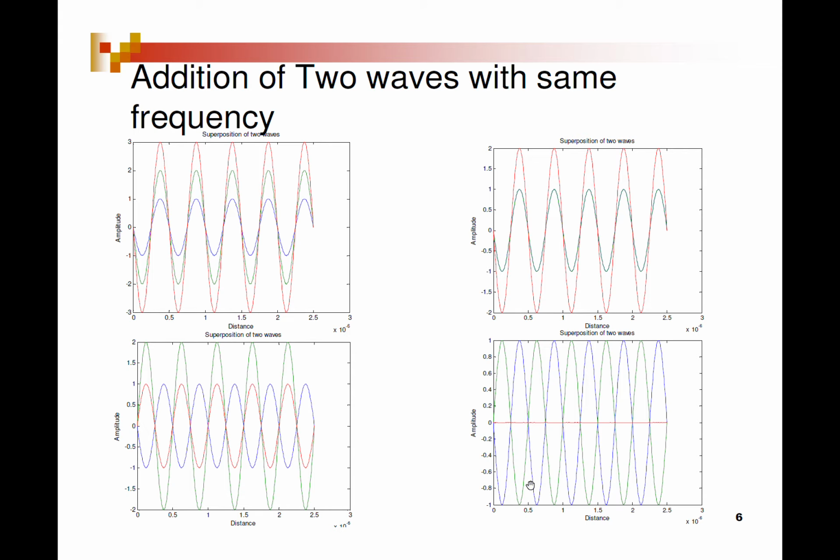If the blue and green are out of phase, or have a pi phase shift, then we have a red which is 0, and it is summed over to result in cancellation of waves. So for the same frequency, we have various cases depending upon initial phase and the optical path difference.